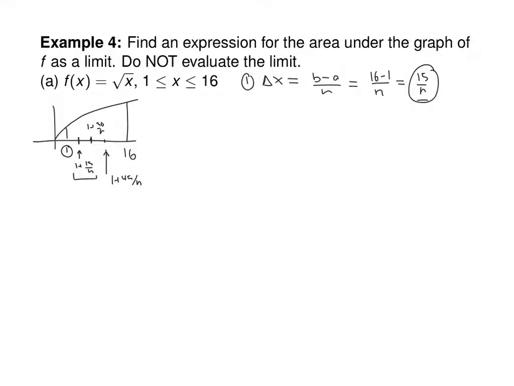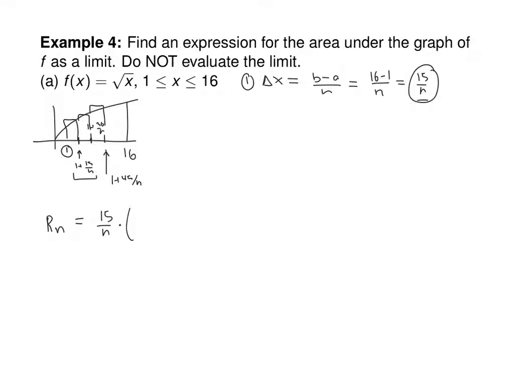Okay, so write the sum. First we plug in that number, then we plug in that number. So what's the width of every single box? 15 over n. I'm just going to take that GCF out.